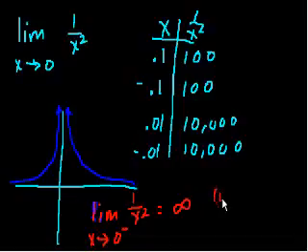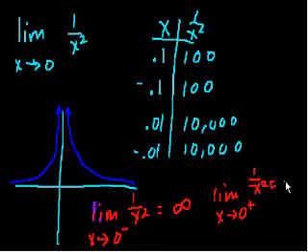And the limit as x approaches 0 from the positive side of 1 over x squared is also equal to infinity. So when you go from the left-hand side, it goes to infinity as you approach 0. And as you go from the right-hand side, it also goes to infinity. And so the limit in general is equal to infinity.